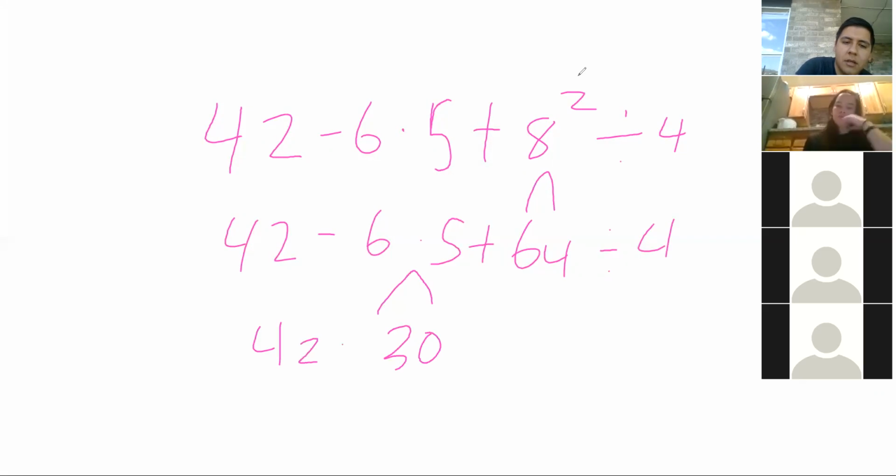And then you could do 64 divided by 4, which is 16. All right, and then 42 minus 30. And then just skip a step and say plus 16. So 42 minus 30 is 12, plus 16 is 28.